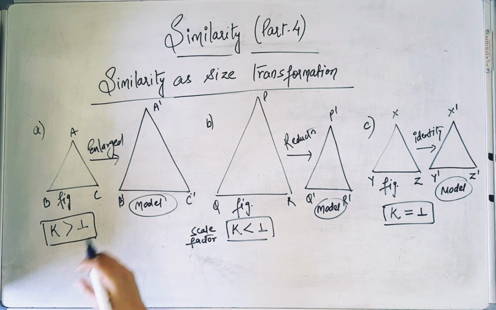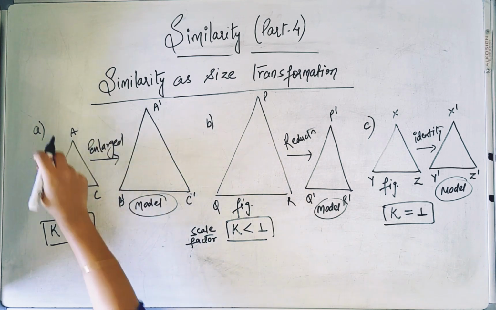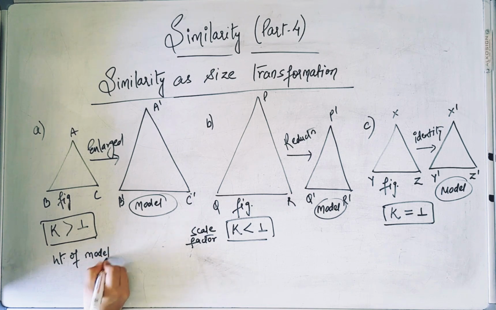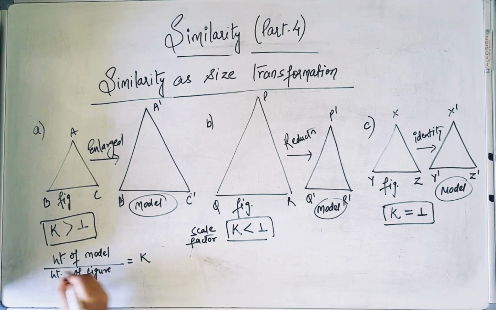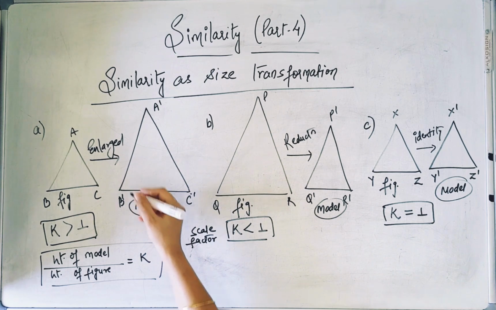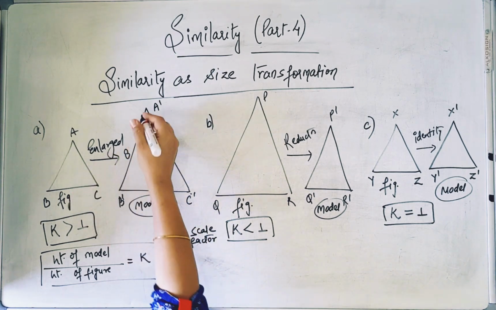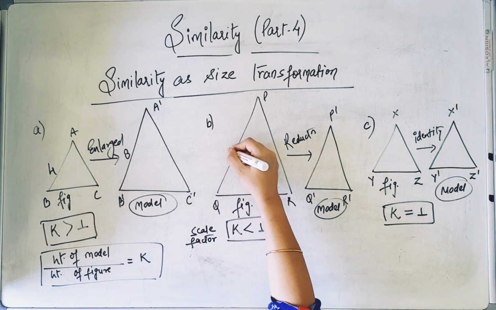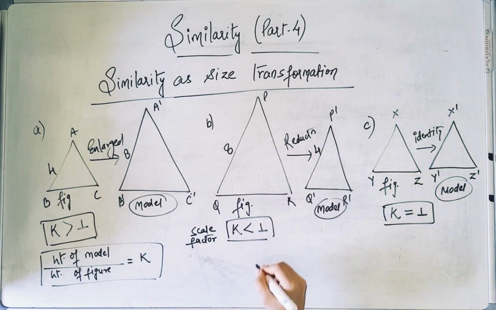Now we'll look at what this scale factor is. If we are comparing height of the model upon height of figure, so this is called what? K, which is the scale factor. Let's suppose here the height of the model is 8 and the height of the figure is 4. Here the height is 8 and here it is 4.